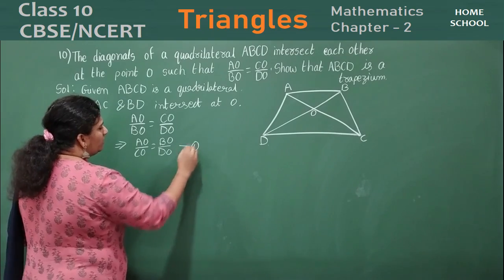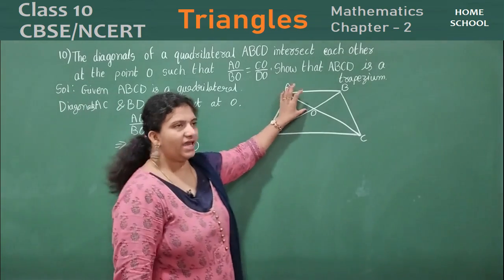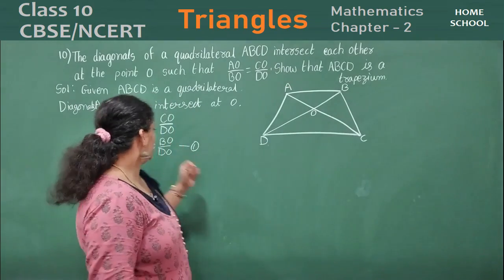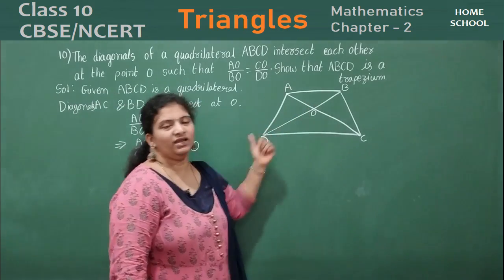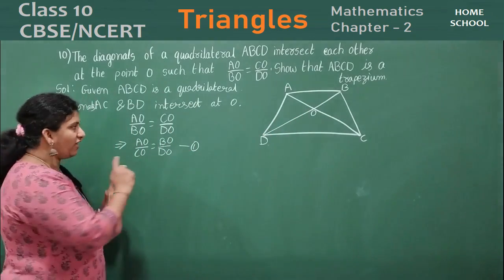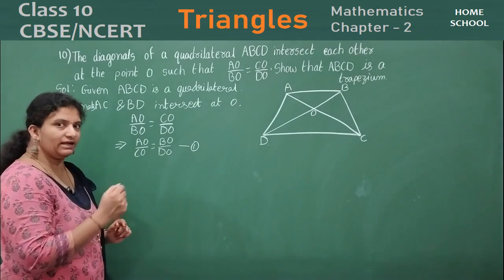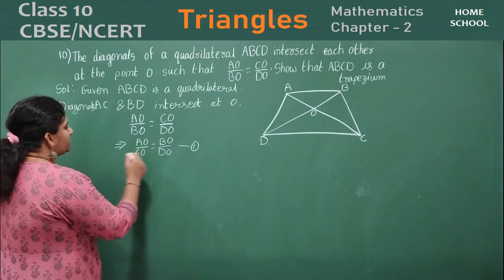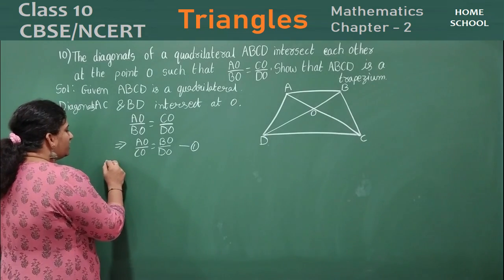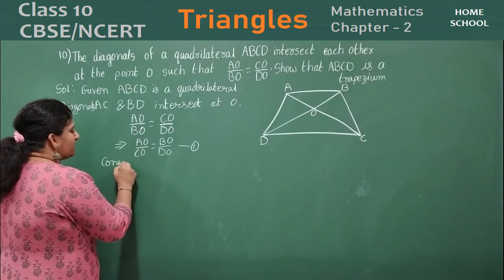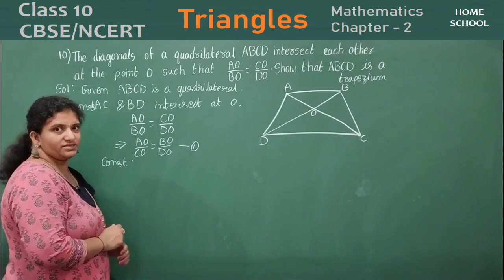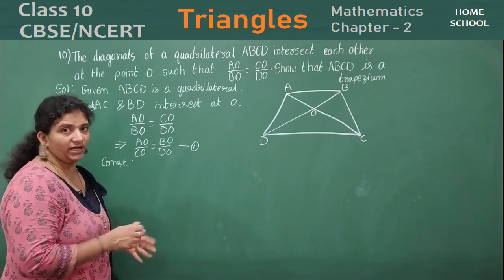Have a look here. AO by CO is equal to BO by DO. Why have I made it like this? You will get clarity next. Now, what is your next step here, children? Construction. Is there any construction? Yes. How can I prove without any line?